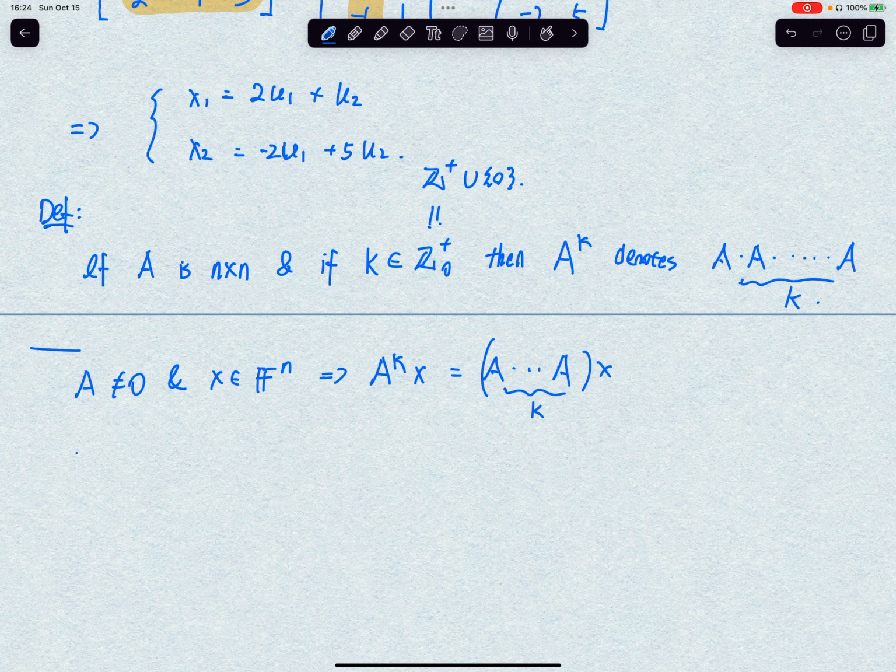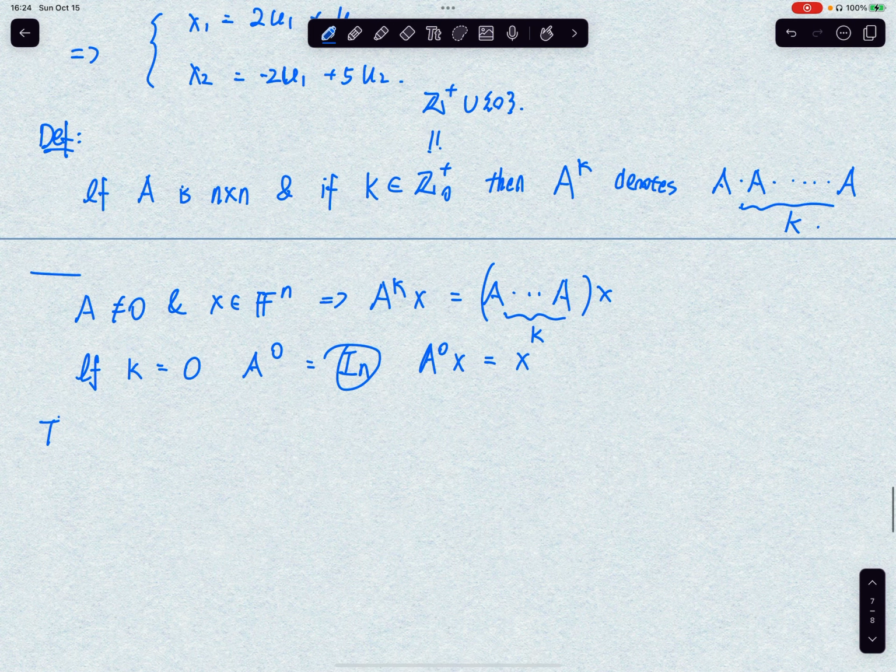And moreover, if k is 0, we have A^0 equals I_n. So that is A^0 times x equals x itself. So A^0 is the identity matrix.